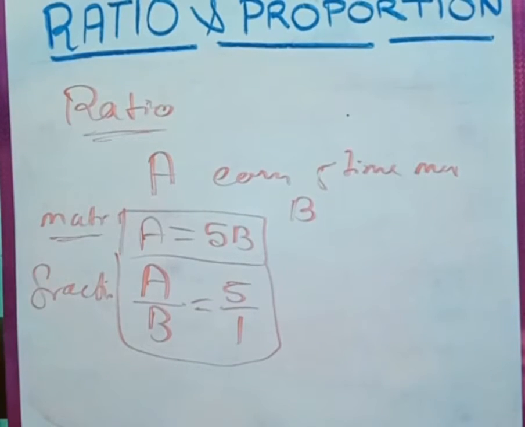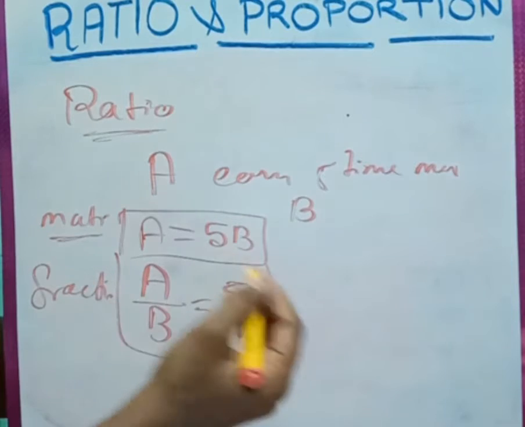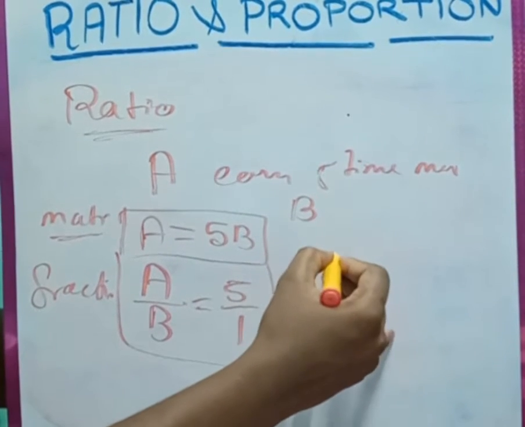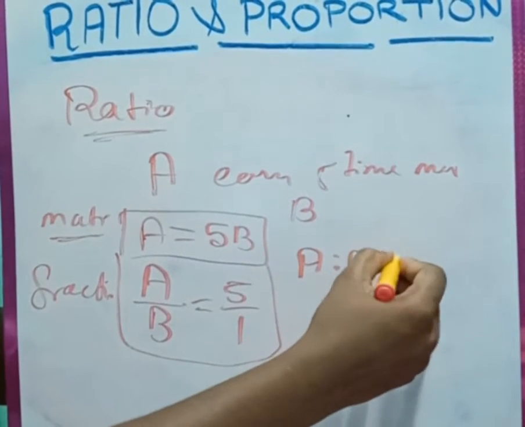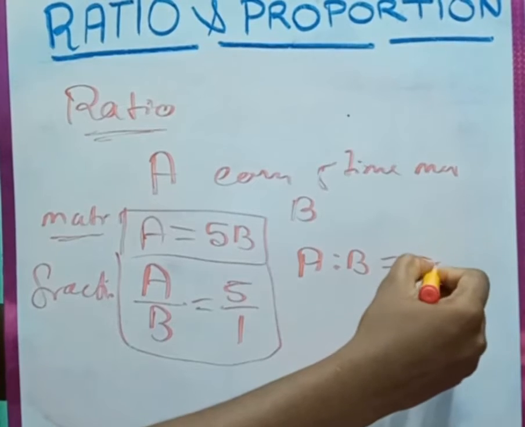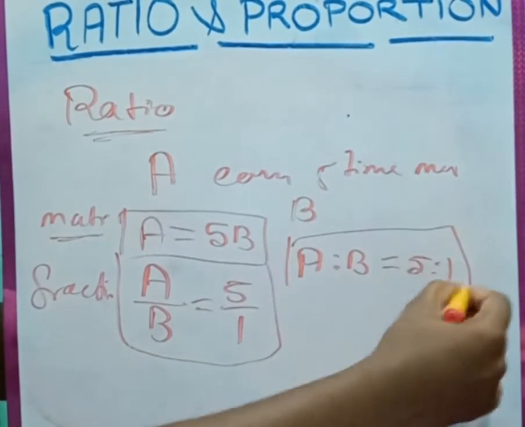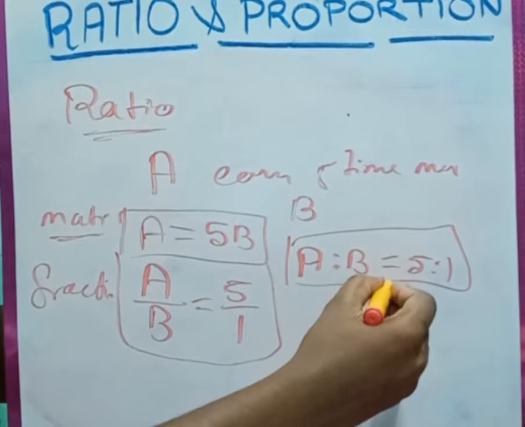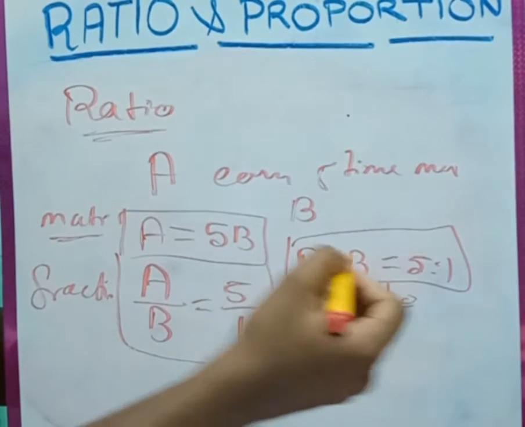Very easy, guys. Now if I ask you to show me this expression in terms of ratio, what will we do? We will do nothing, guys. Simply we will write A is to B equals 5 is to 1, right? This is called ratio. So what is ratio?